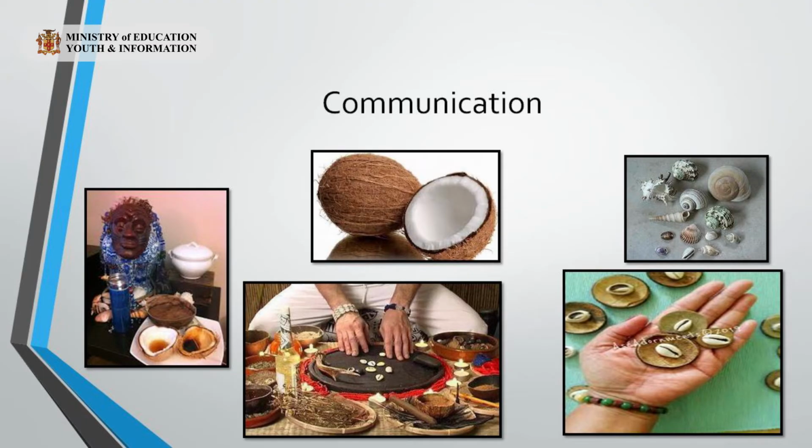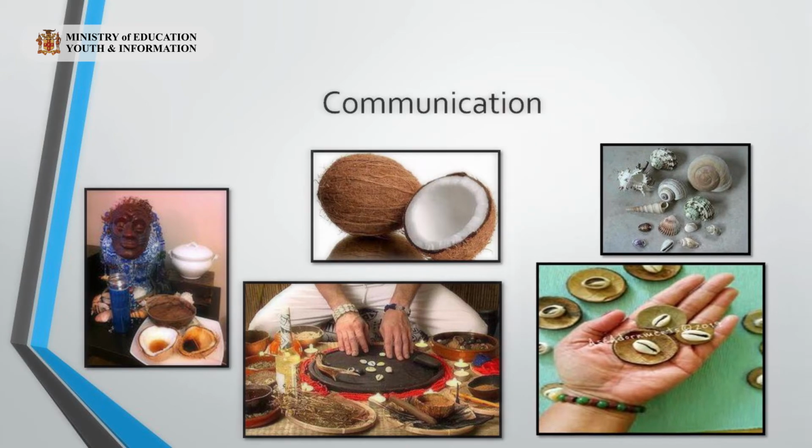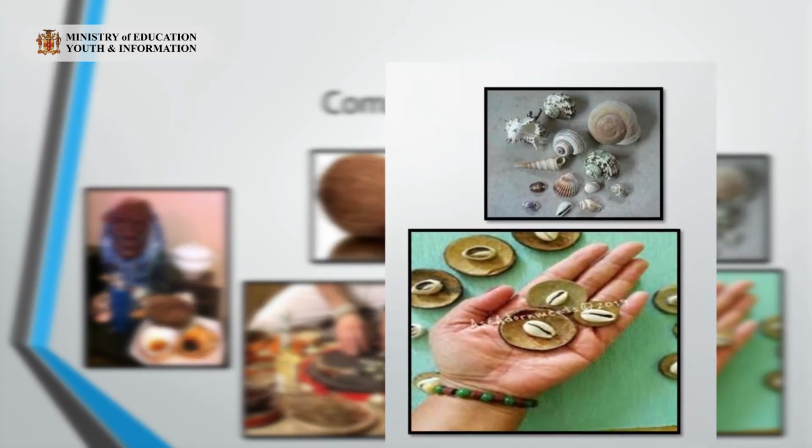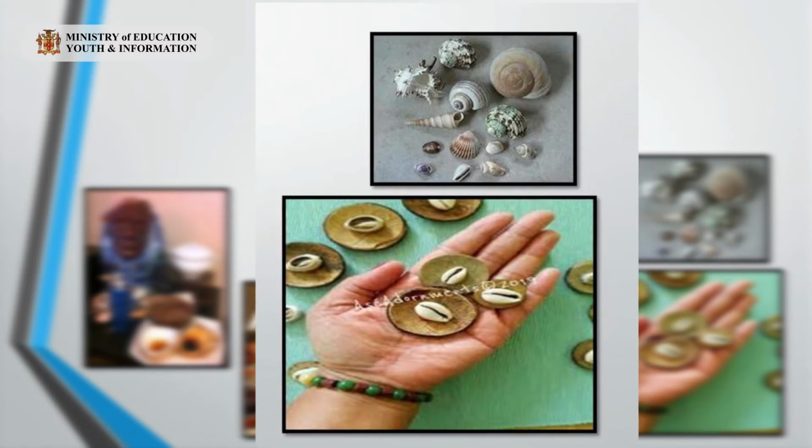Dilogun is used to solve mysteries in the lives of the devotees. In this ritual, they would include one of the inanimate objects that was mentioned before, and this inanimate object is seashells. How does that work?